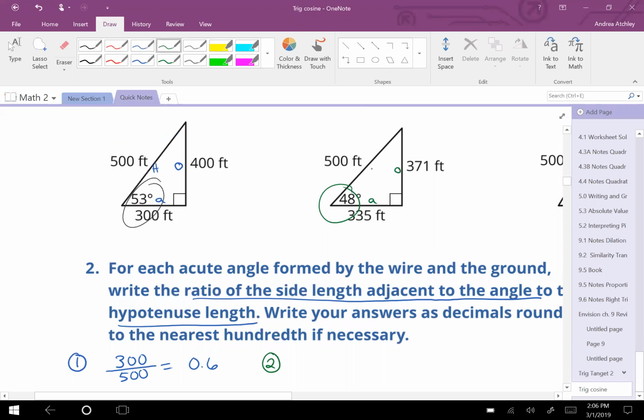And what's the hypotenuse? Okay, so again, we want the adjacent over the hypotenuse. We plug in our calculator. Six, seven.